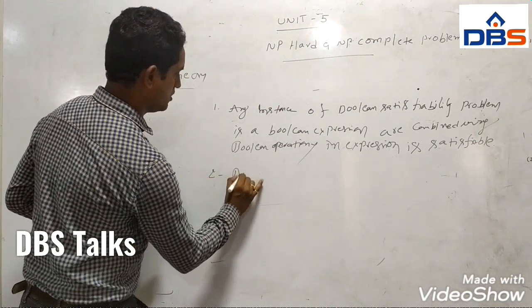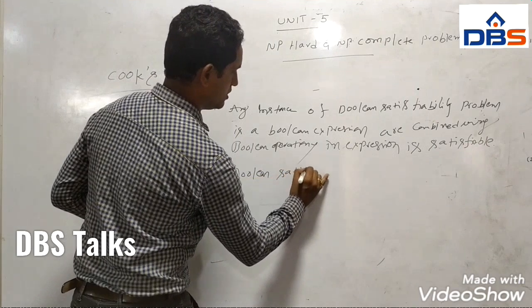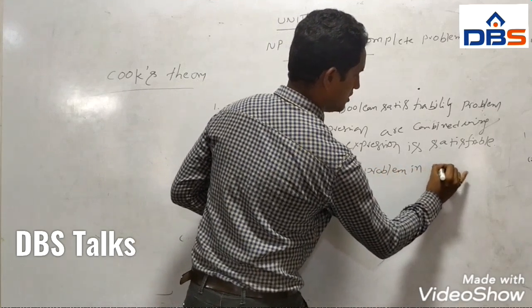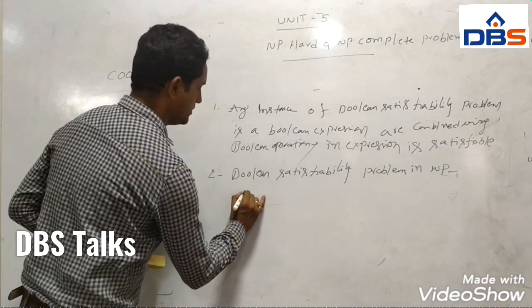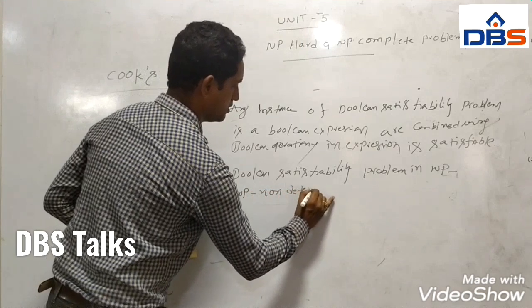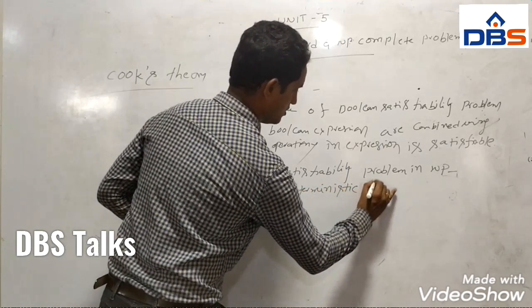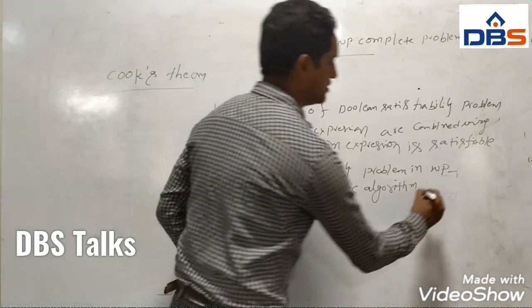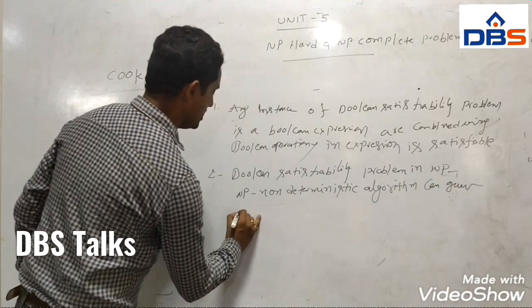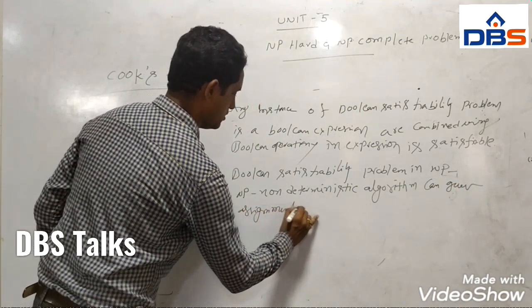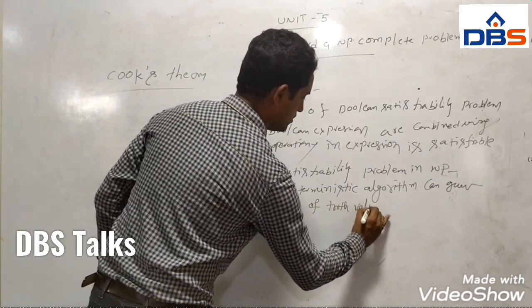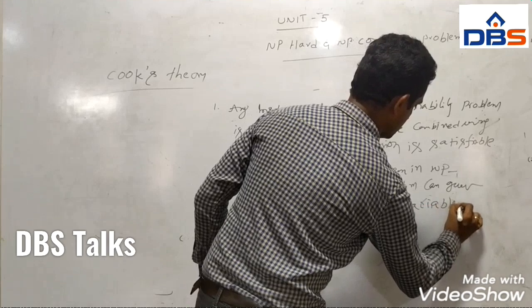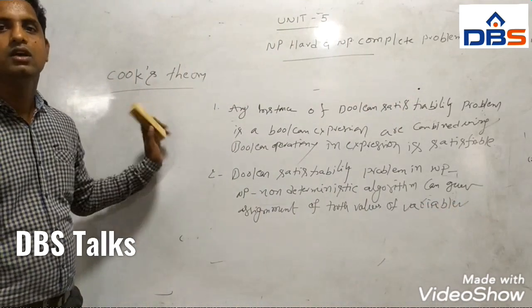And the second one is: the Boolean satisfiability problem is in NP, that is, a non-deterministic algorithm can guess an assignment of truth values of variables. So these are the two properties of Cook's theorem.